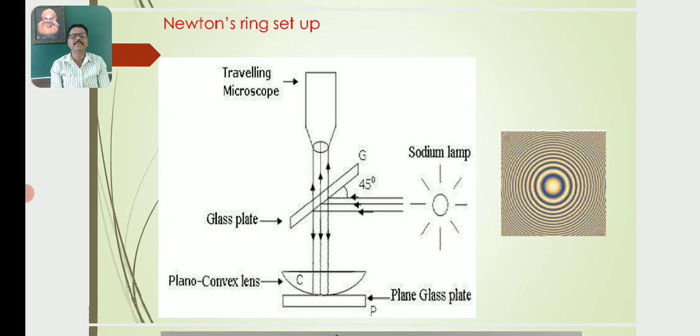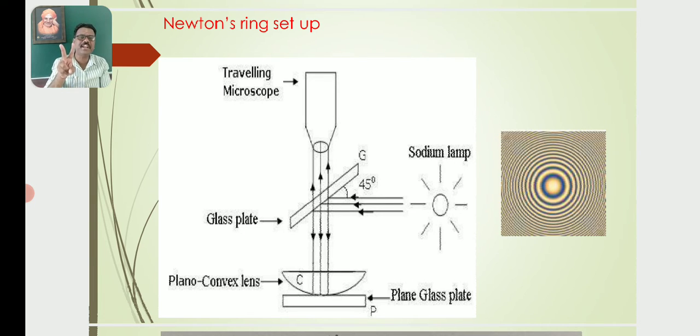So in the incident reflected beam, part of the light is reflected from the upper surface of the thin film, and part of the light is transmitted. Further, at the lower surface of the film, part of the light is reflected and part gets transmitted.